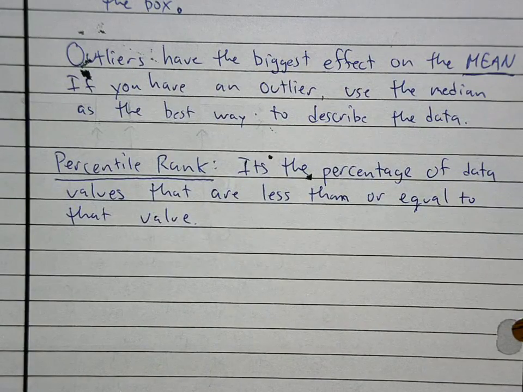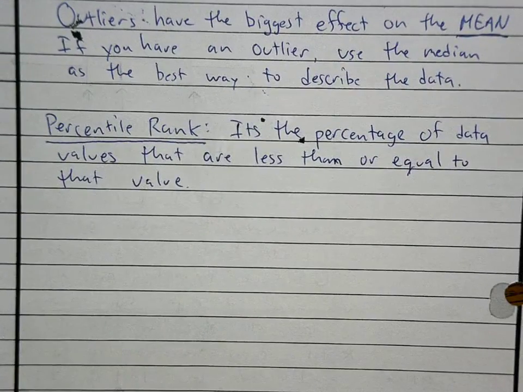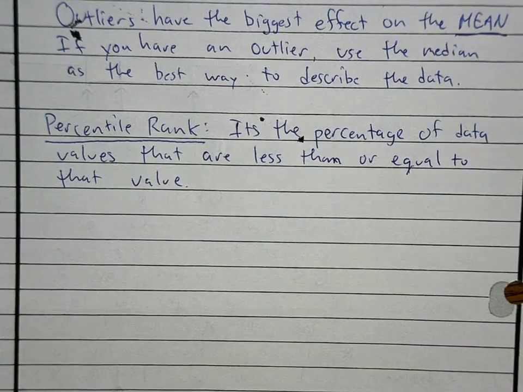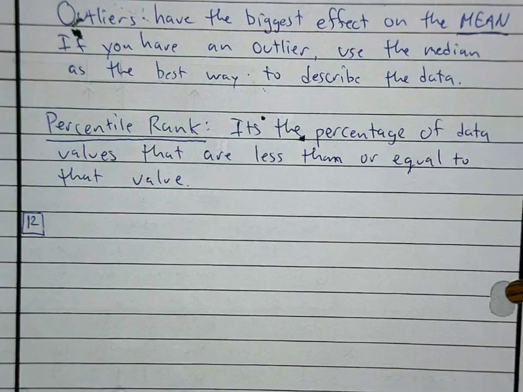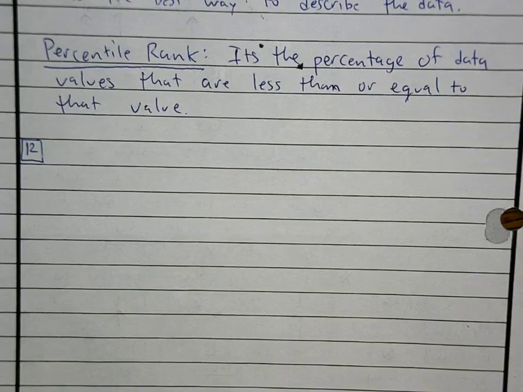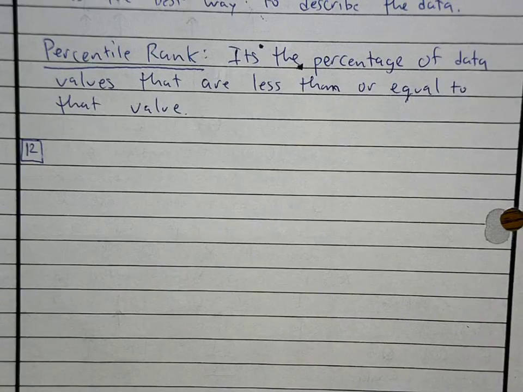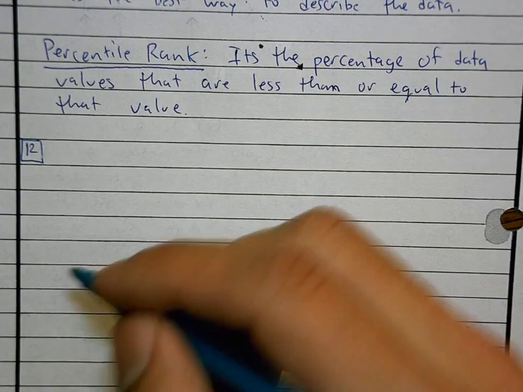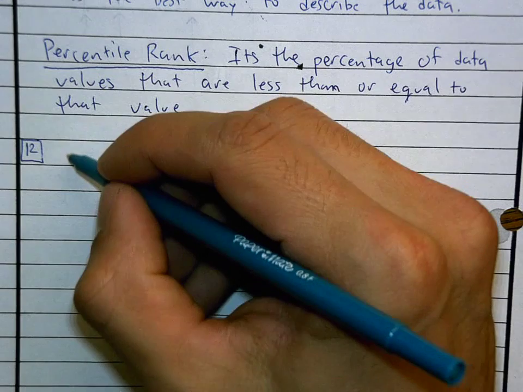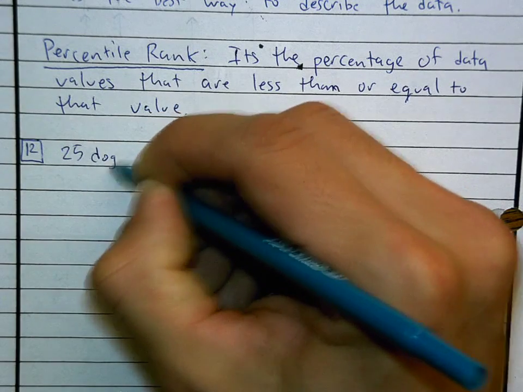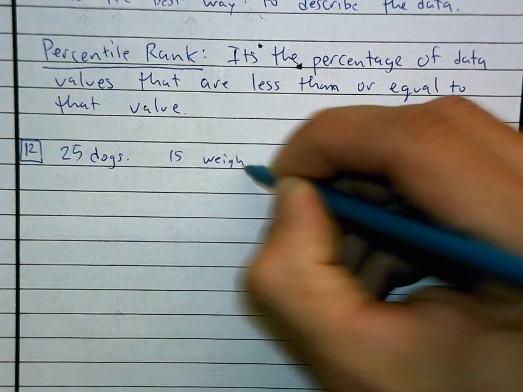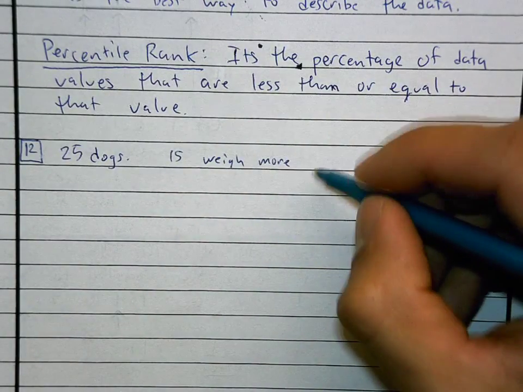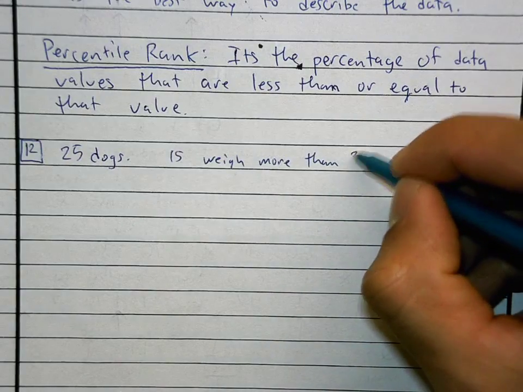I'm going to give you an example of percentile rank. Number 12. I'm not going to write down the whole problem, I'm going to give you a summary. There's 25 dogs. 15 weigh more than 35 pounds.